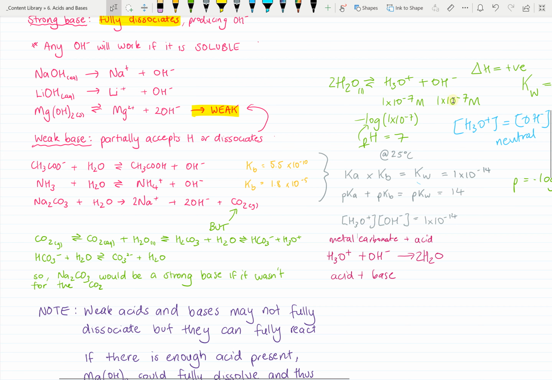It's still neutral, but the pH of neutral water at a higher temperature than 25 will actually be a lower pH. That's because when the concentration of the hydronium goes up, pH goes down. It's a negative log scale. So you might have something like 6.8 for 100-degree water, FYI.